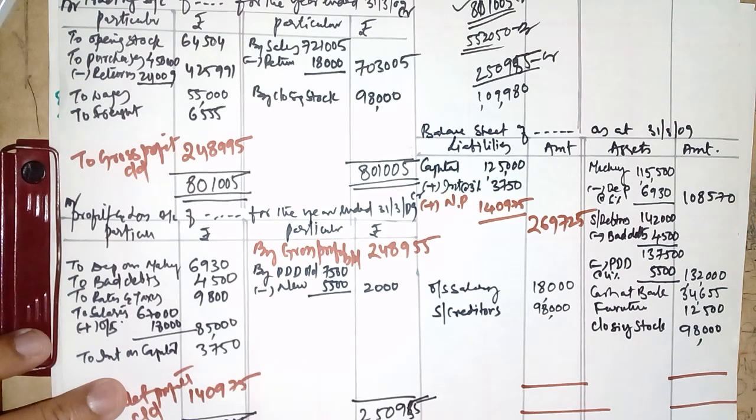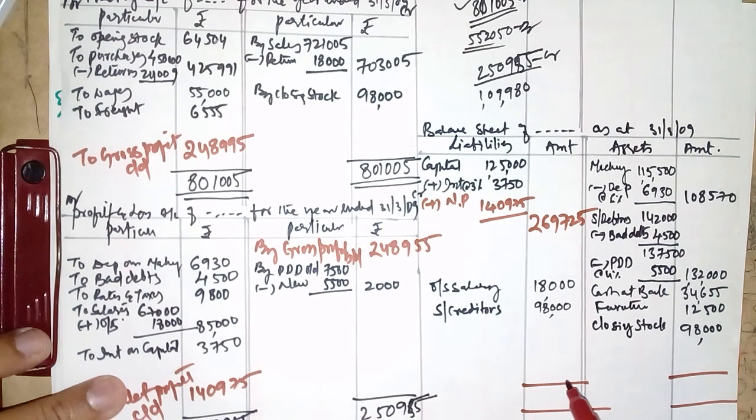So the liabilities side of the balance sheet is how much? 3,85,725. Now do the summation of the asset side.